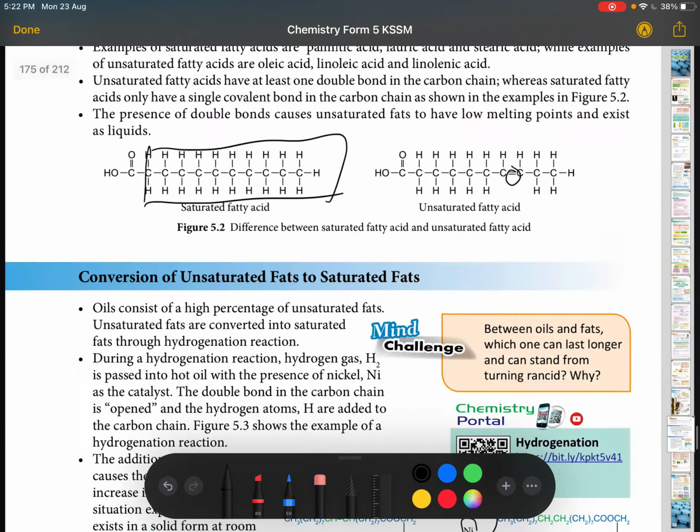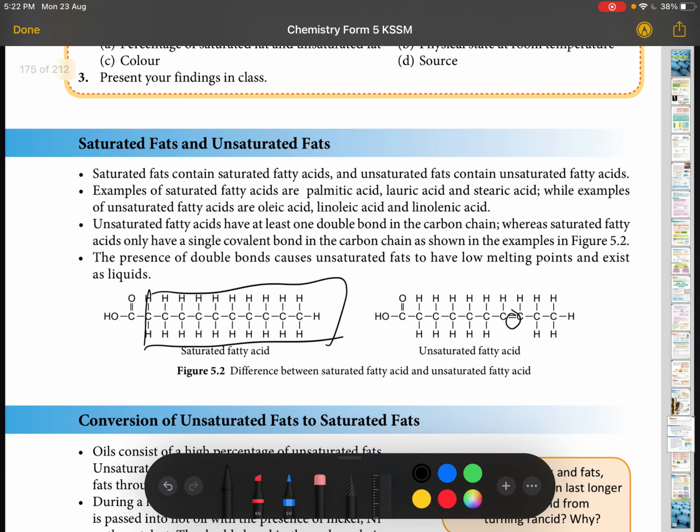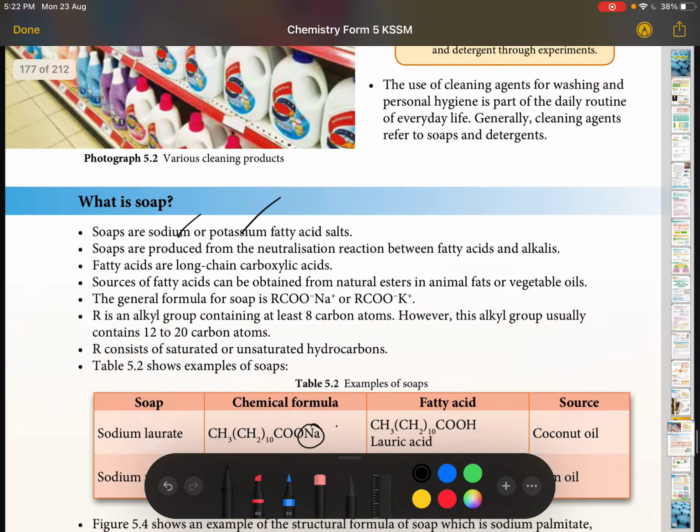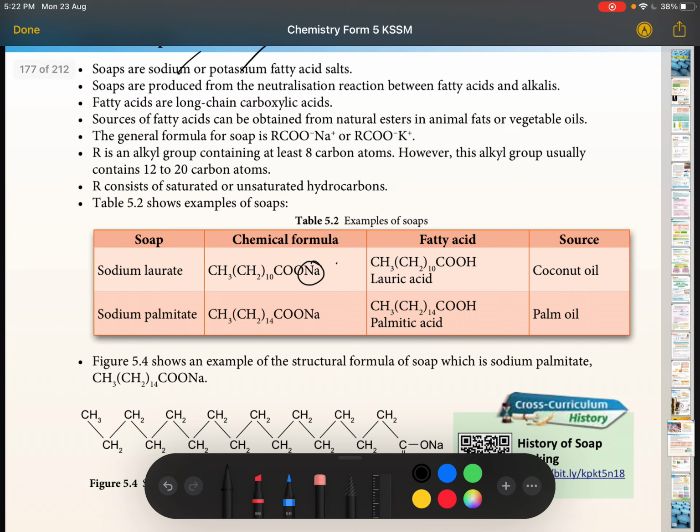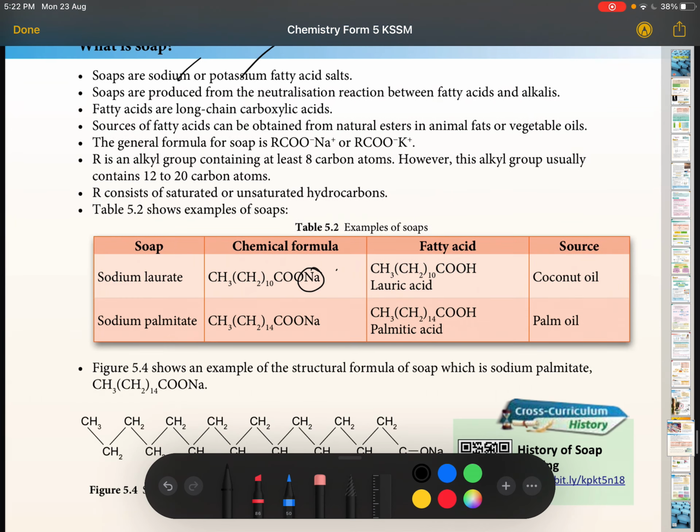As mentioned earlier, fatty acids are long chain carboxylic acids. Remember carboxylic acids? Basically they have COOH, and then a lot of carbon and hydrogen at the back. R is an alkyl group containing at least 8 carbon atoms, but it's usually 12 to 20.